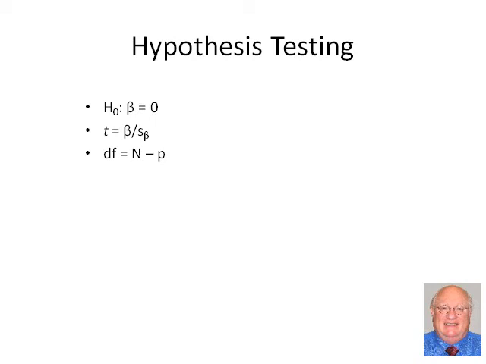Once we have found that we can accept or reject the null hypothesis for b, we have simultaneously tested the null hypothesis for beta.